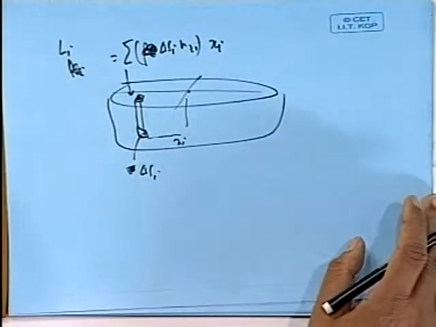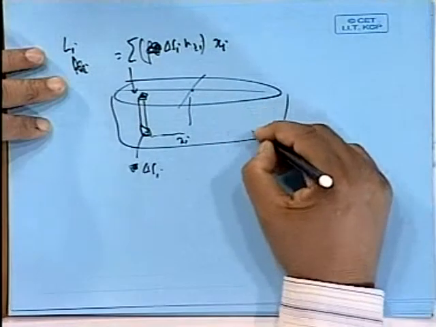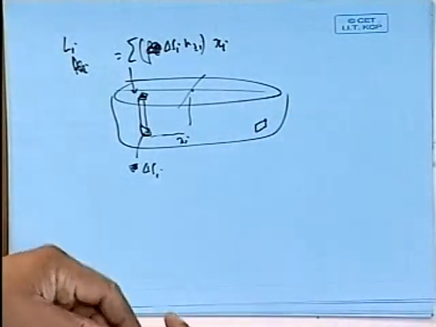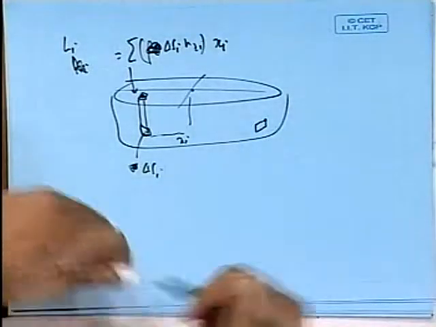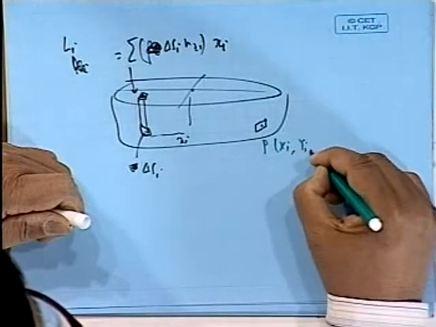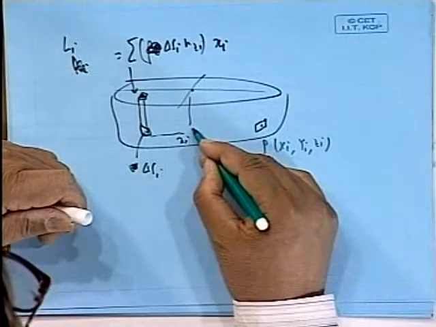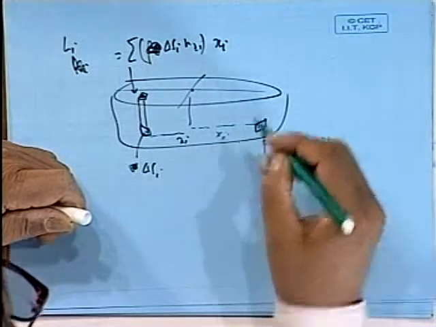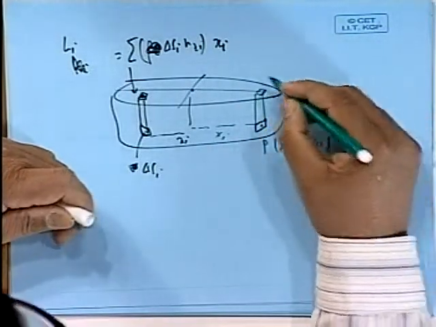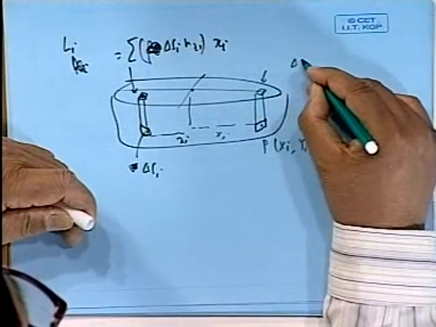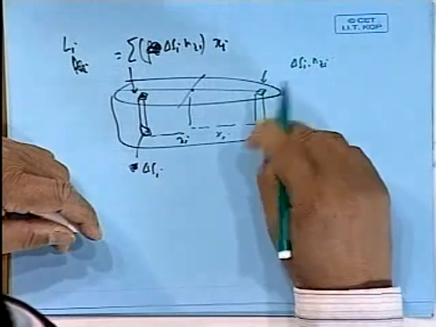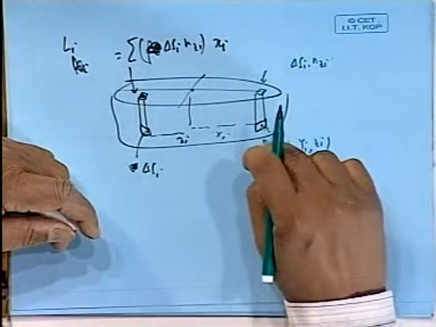Okay, another point. Now I have a facet here. This facet has this point P, which is located at xi, yi, zi. That means this distance is xi. I take its projection here. What is this area? This area, as I say, is delta Si into nzi. nzi is of course the normal at this point.